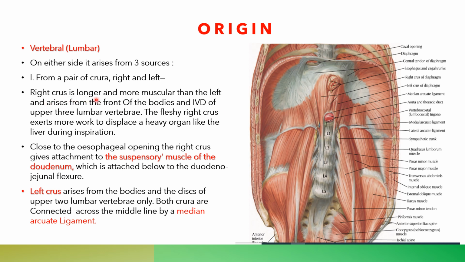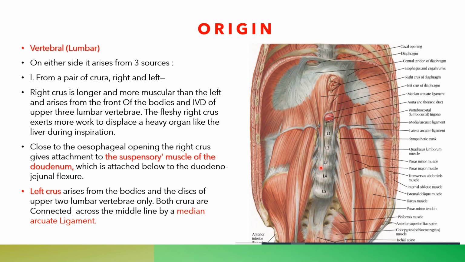So the right crus is longer and more muscular than the left. If you see the right crus of the diaphragm, it is longer and more muscular than the left crus, and it arises from the front of the bodies and intervertebral discs, IVD. So the right crus arises from the bodies and intervertebral discs of the upper three lumbar vertebrae, L1, L2 and L3.